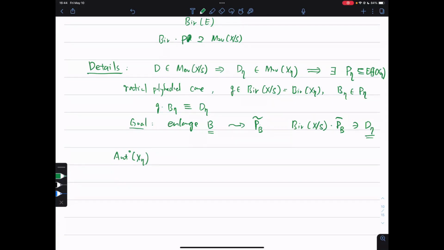This is an algebraic group, but we consider the identity component. If you don't know this, we can think of this as the automorphisms of X eta which are deformed from the identity continuously.